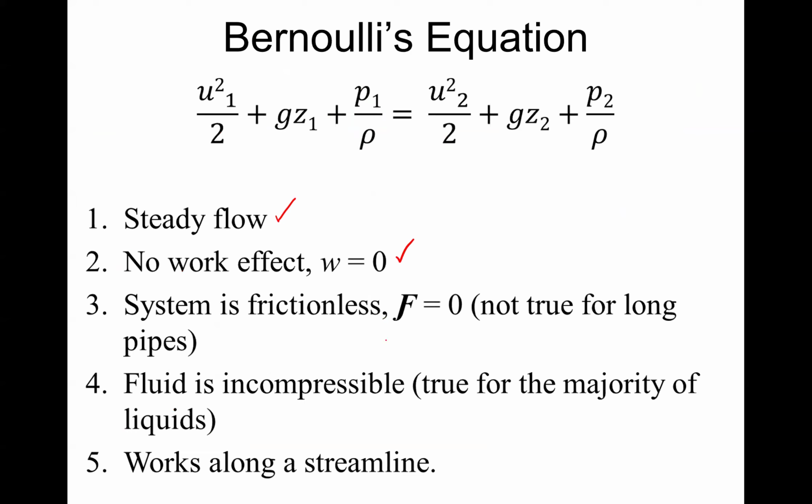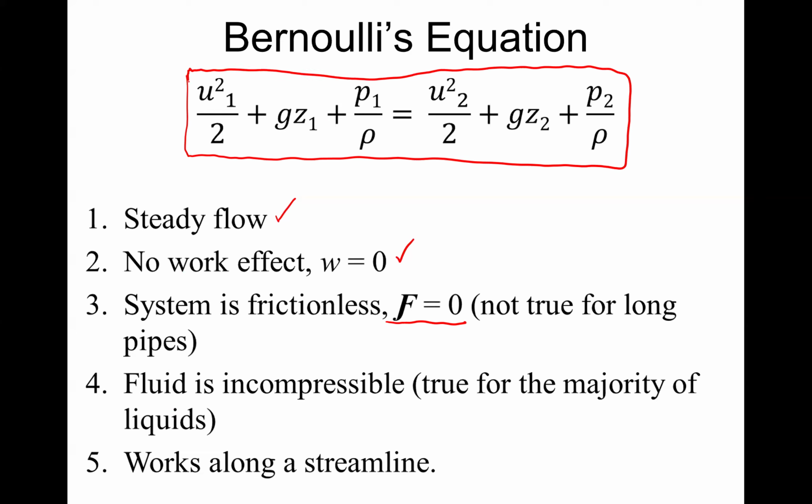But the important one is that the system is frictionless, because friction is part of that internal energy calculation. If our system has a lot of friction, we cannot use this equation, which we call the Bernoulli equation. It is one of the most important equations in fluid mechanics, mainly because it's simple and very easy to relate to. By the time most chemical engineers finish their degree, they will remember this equation almost by heart.